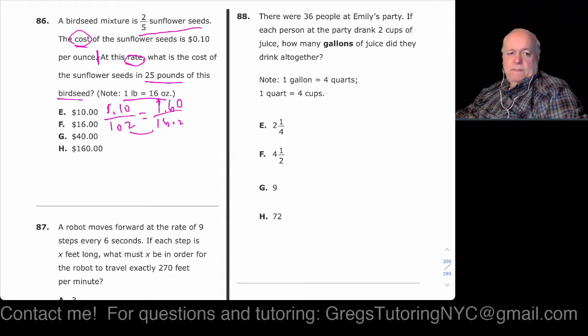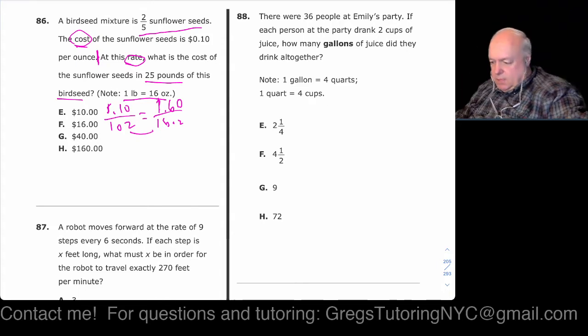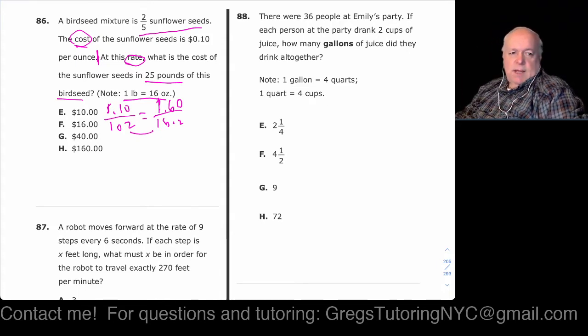All right. So then it's asking us, what is the cost for 25 pounds of the birdseed? Well, if it's $1.60 per pound, right, and it's 2/5 of the 25 pounds. So we want to get that. 2/5 of the 25 is the same as 2/5 times 25.